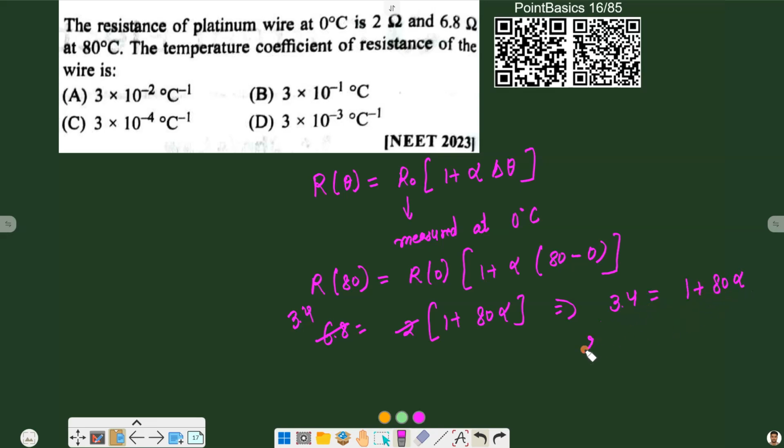From this, 2.4 is equal to 80 alpha, and alpha is 2.4 by 80. We can write it like this: 24 into 10 raised to power minus 1 divided by 8 into 10 raised to power 1. So this will be 3, and alpha will be 3 into 10 raised to power minus 2. Option A will be the right answer. Moving to the next one.